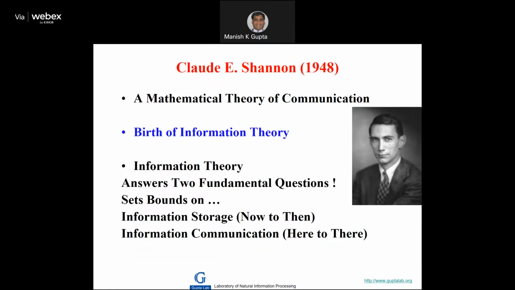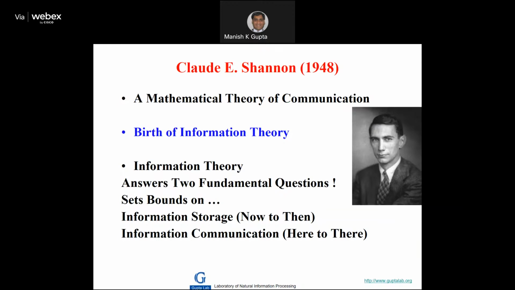At the same time, Claude Shannon was also at Bell Labs in 1948. He wrote a beautiful paper, Mathematical Theory of Communication. If you really want to understand the idea, people call him the father of information technology.